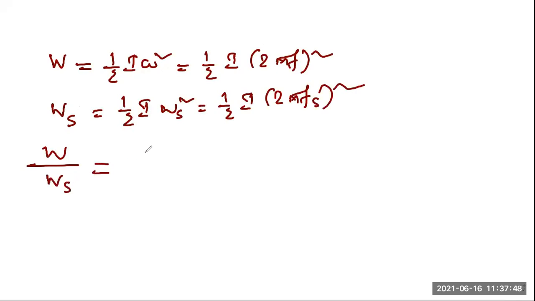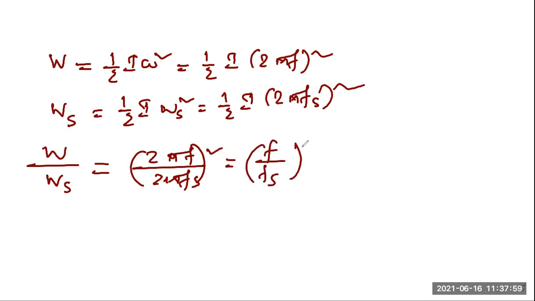So this will be 2 pi f by 2 pi fs square. 2 pi will cancel, so this will be f by fs whole square. So W equal to Ws into f by fs whole square. Is it clear? Yes, sir. Okay.